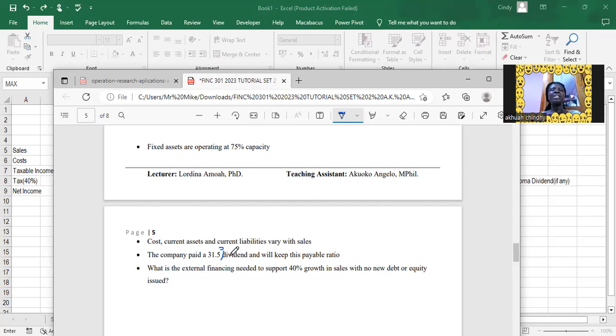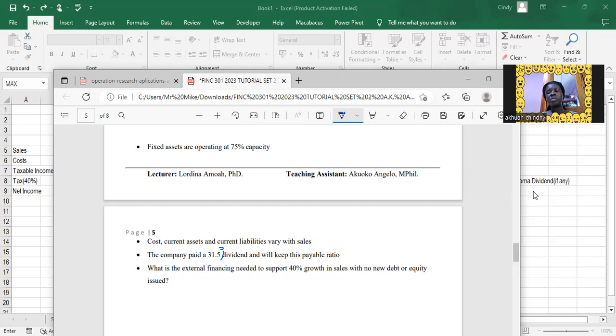So it means that in the future, we'll still pay out 31.5% of our net income as dividend. This is what we are paying currently, but in the future, we'll continue with this payout ratio. So dividend is paid out of our net income, right? So we can only give our shareholders some dividend if we have net income, and surely we'll have net income, right?